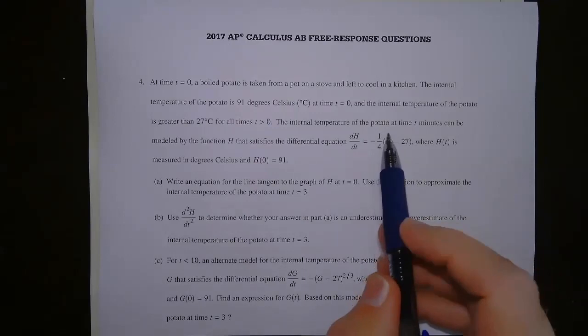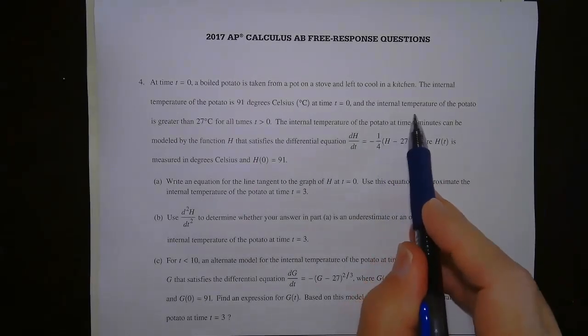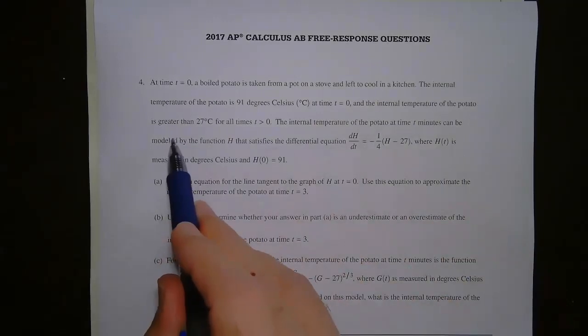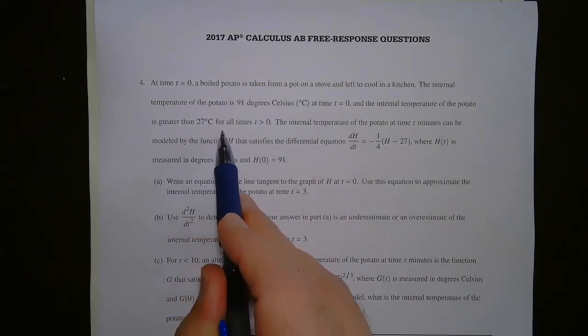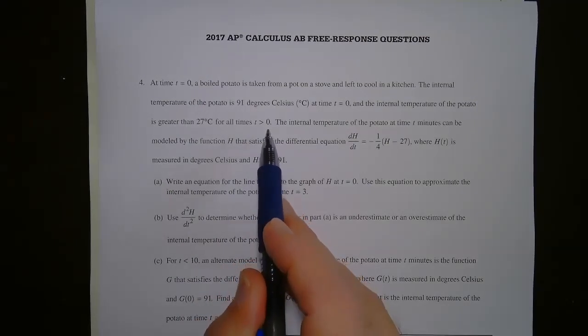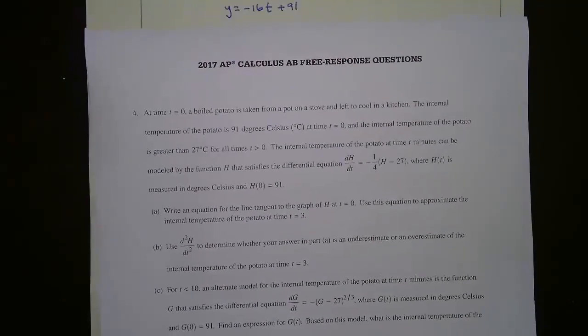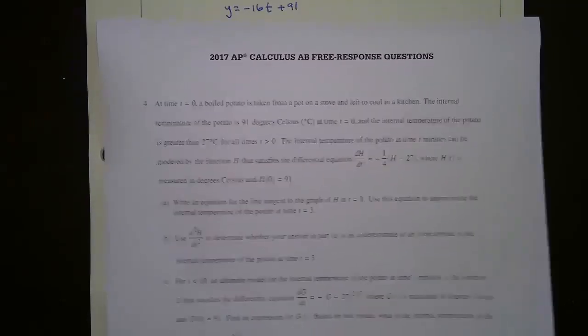So let's go back, and what did they tell us at the very beginning? And this is where you need this piece, okay? The internal temperature of the potato is greater than 27 degrees Celsius for all times t greater than 0. So for all times t greater than 0, h is above 27 degrees Celsius, okay?